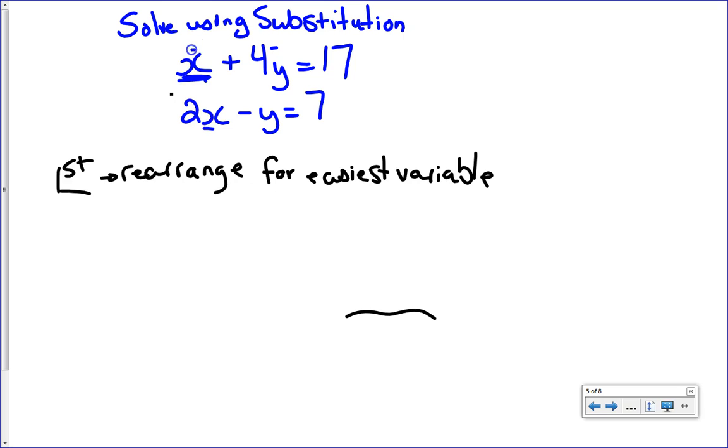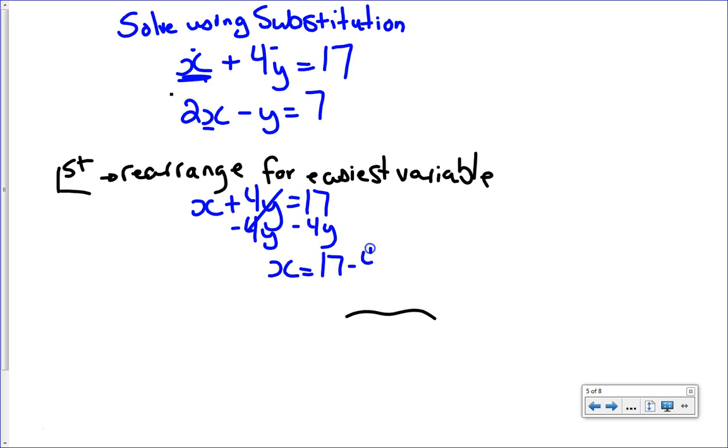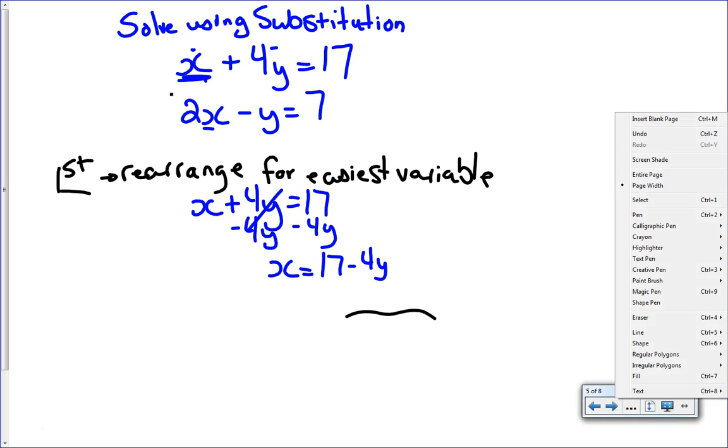It's just the least amount of steps to isolate that x. So x plus 4y equals 17. But again, it would not matter which one you isolated as long as you isolated a variable. So to get x by itself, I'd minus 4y and minus 4y. So x is equal to 17 minus 4y. I would not combine those. Remember, those are not like terms.